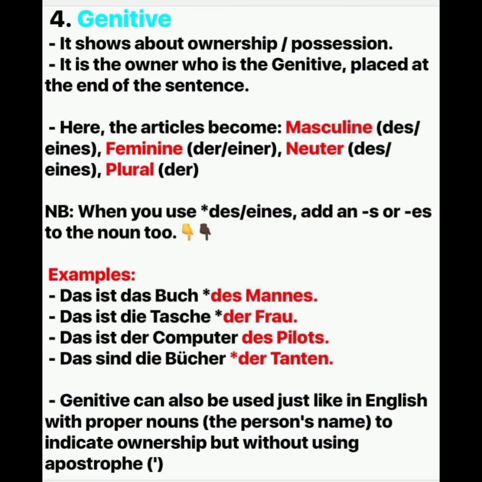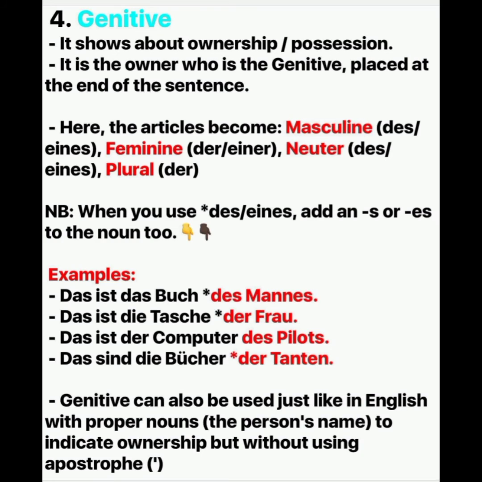Now look at how the articles change in genitive. Masculine is des/eines. Feminine is der/einer. Neuter is des/eines. And then plural is der.